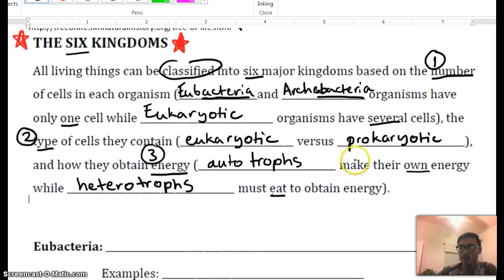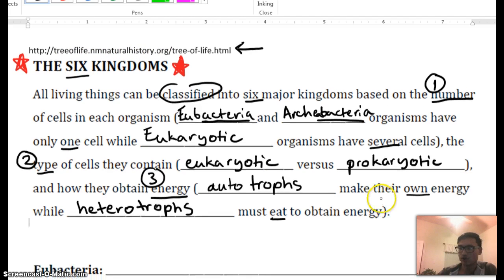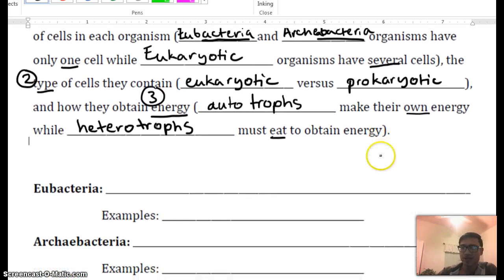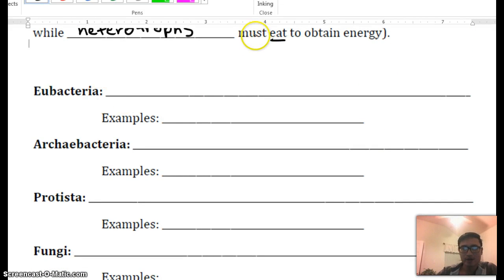We just talked about this great website, Tree of Life, at nmnaturalhistory.org, and you're just going to look up Tree of Life once you get there. You're going to examine the 6 different kingdoms. Now, the first 2 kingdoms, eubacteria and archaebacteria, are going to be prokaryotic.